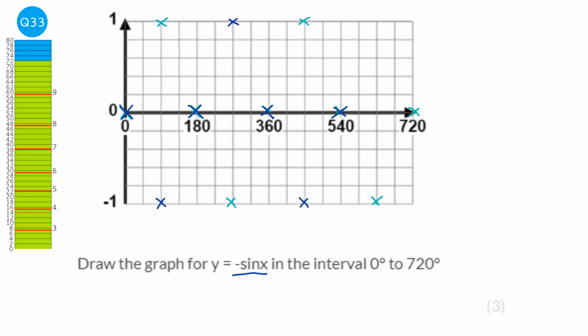So it's just a complete reflection in the x-axis. And you make sure when you're drawing it in, you make sure it's a nice curve. And really they look at the bottom to see whether it's a U shape rather than a V shape. So really just make sure you get a nice smooth curve going at the bottoms and the tops.